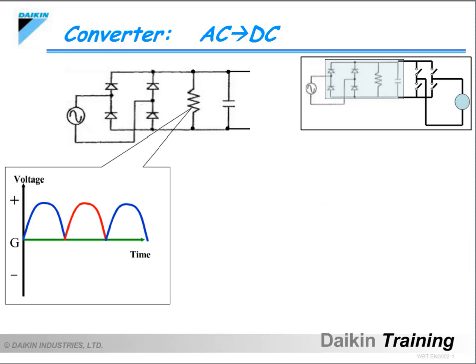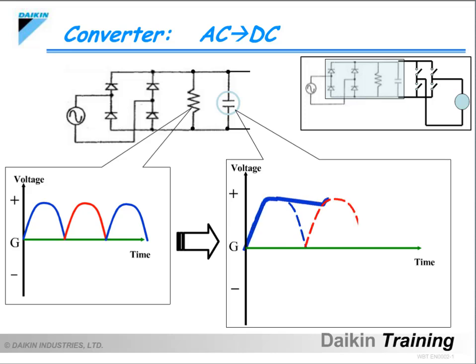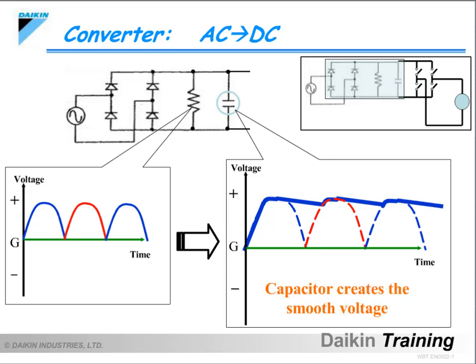However, the waveform at the output side is not constant like normal DC wave patterns. Here is where a capacitor is used in the final stage of the converter circuit to provide for constant voltage. This allows for the creation of almost constant DC voltage.